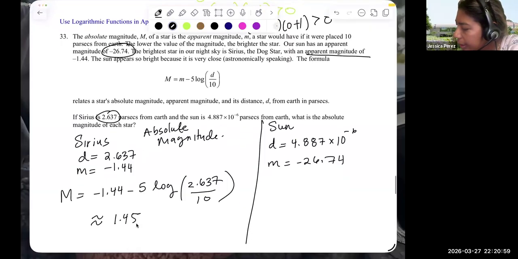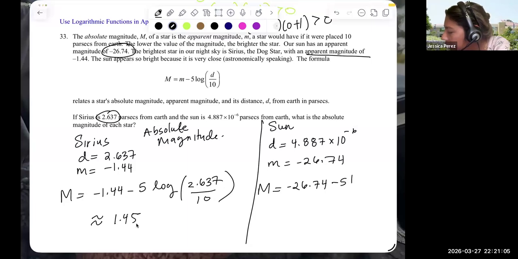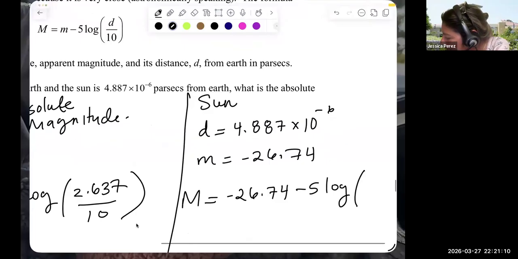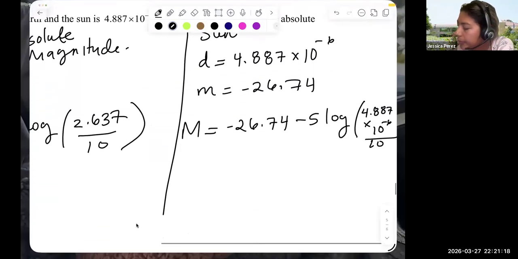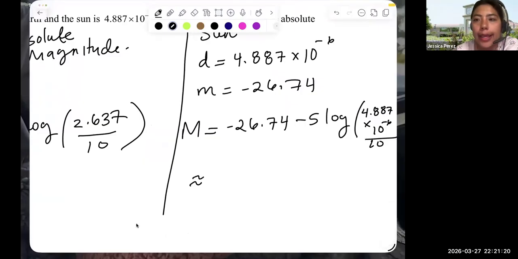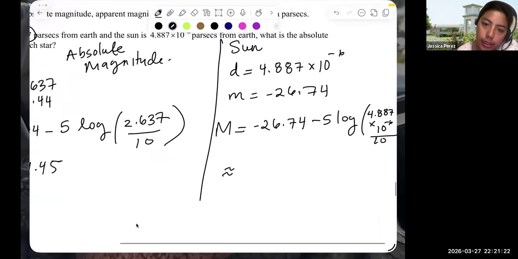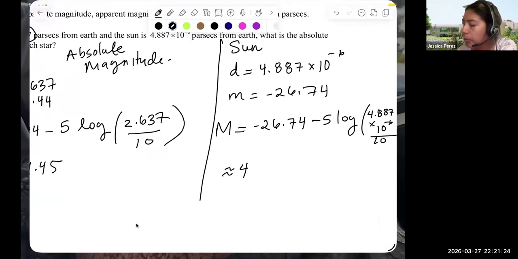Let's go ahead and find the absolute magnitude M to be -26.74 minus 5 log of, and then keep it as is, 4.887 times 10 to the -6 all over 10. Again, you are approximating this, and that's going to be equal to 4.81.